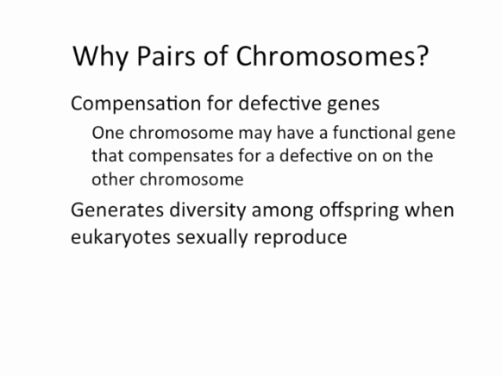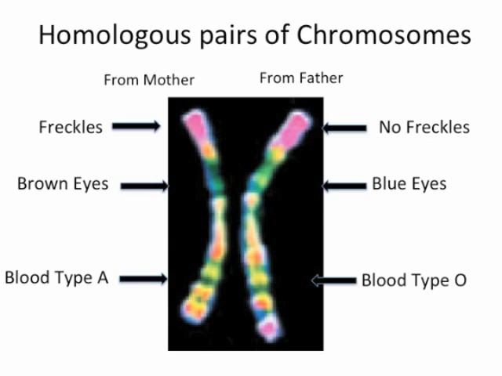So you have two copies of every chromosome, which means you have two copies of every gene. Here's an example of what a homologous pair might look like if I put some traits on it. For freckles, you might have gotten the freckle version of the gene from your mother and a no freckle version from your father. Maybe this means you have freckles.